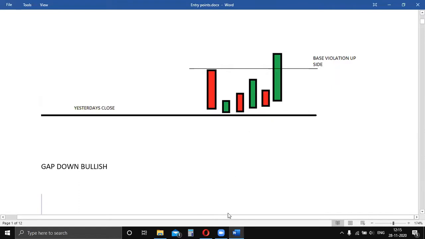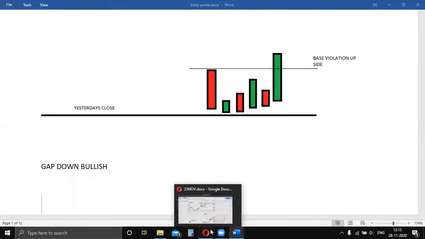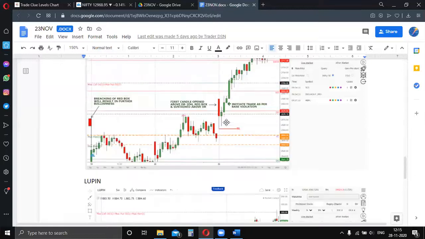Now, is it going to work every time? Definitely not. But for the stocks we have selected, there are high chances that the stocks will show you a very good move. Because generally we get the stock in the very first hour, and we are also calculating the open interest added on both futures and options.